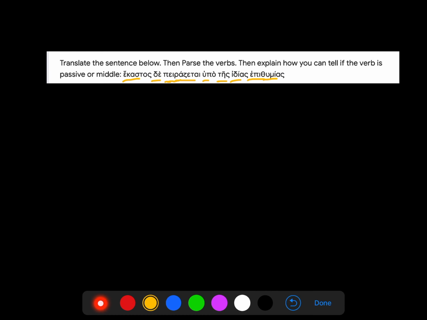Okay, this is James 1:14, and let me translate it, and we'll talk about how the passive or middle works itself out. So: but each one is tempted by his own lusts, or his own desires.